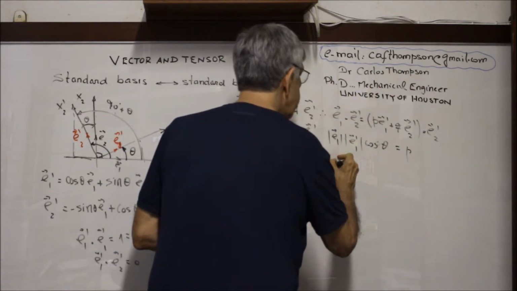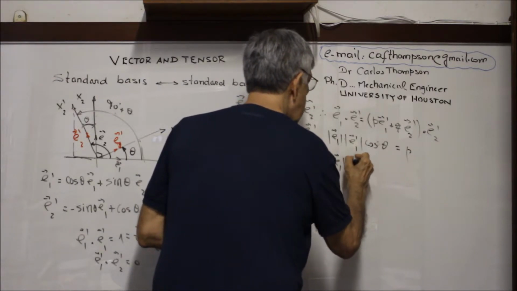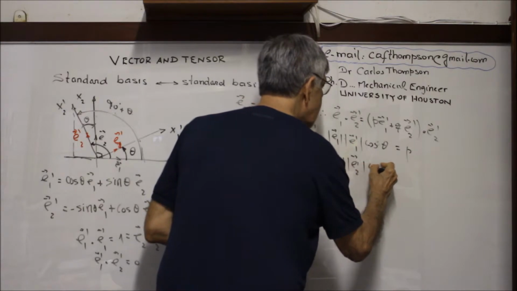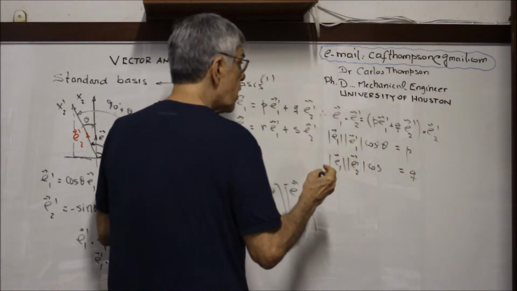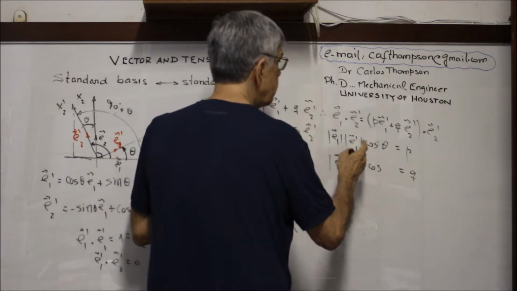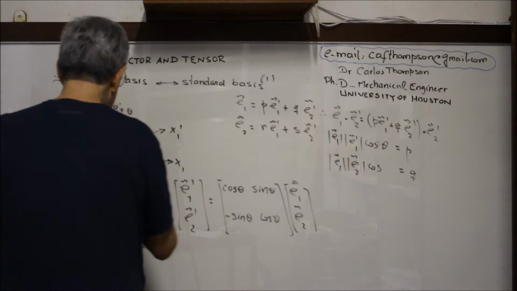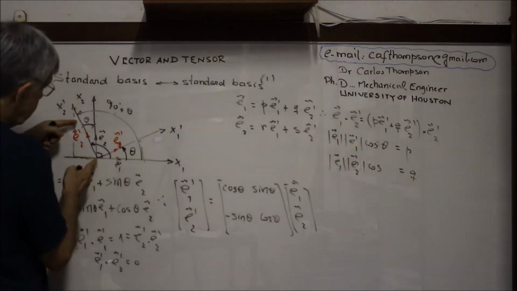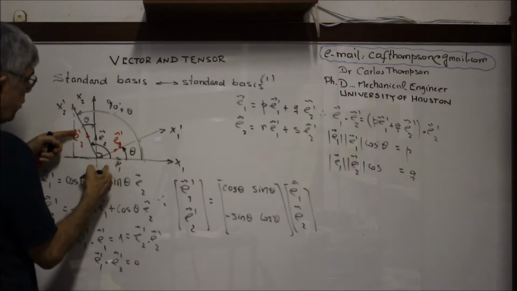So I have E1 dot E2 prime, and the cosine of the angle between E1 and E2 prime is equal to Q. You see, the angle here is 90 plus theta.